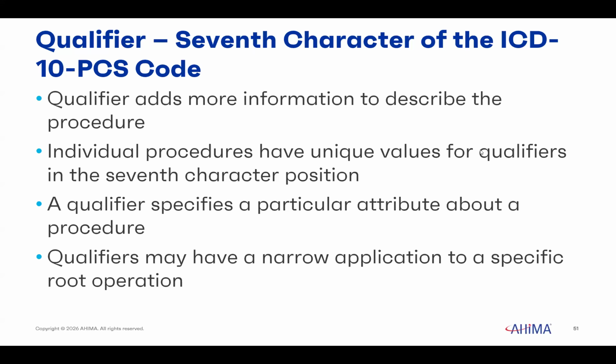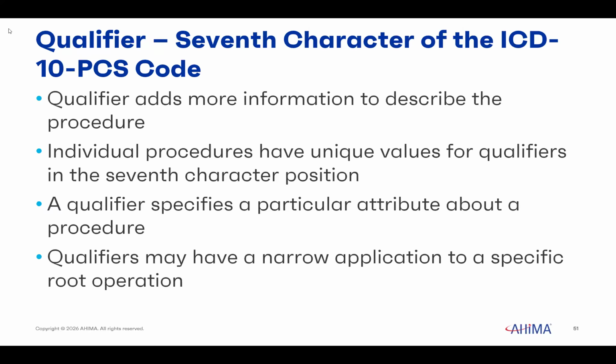And again, now we're getting into the seventh character, which is a qualifier. A qualifier is a character that basically adds more information to describe the procedure. There are several unique qualifiers that you can have depending on what the procedure is.